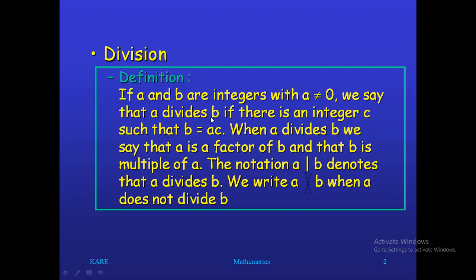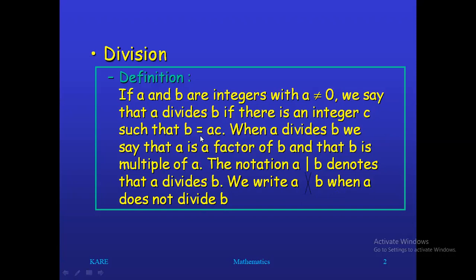When is it possible? If you want to say a number a divides b, then b can be written as b is equal to ac, where c is some integer. So whenever I say a number divides another number, the number which is divided can be written as b equals a into c.